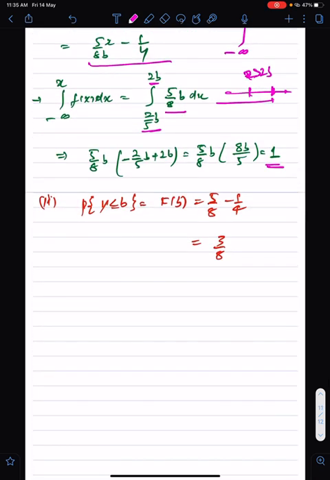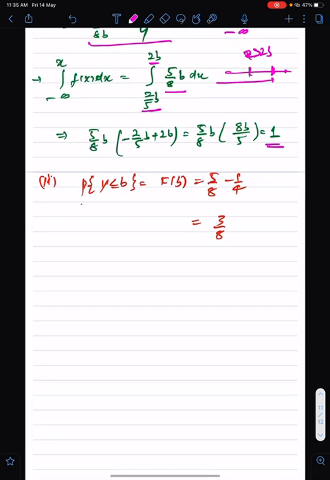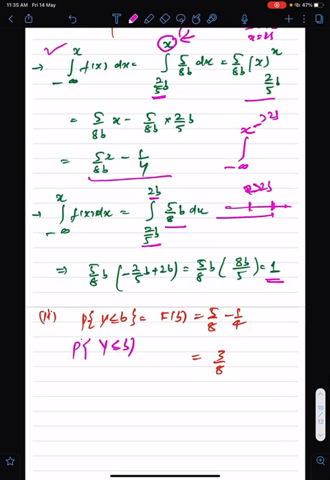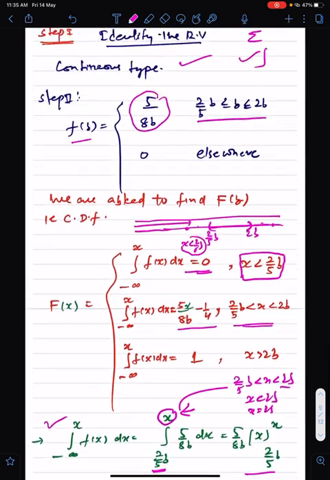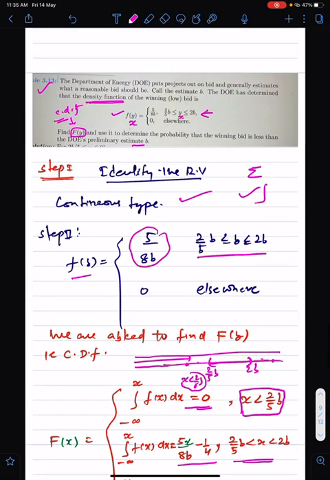How will you go for that? The question they are asking is y is less than or equal to b. Y is nothing but the estimation, and they have defined this random variable in such a way that y is less than b.